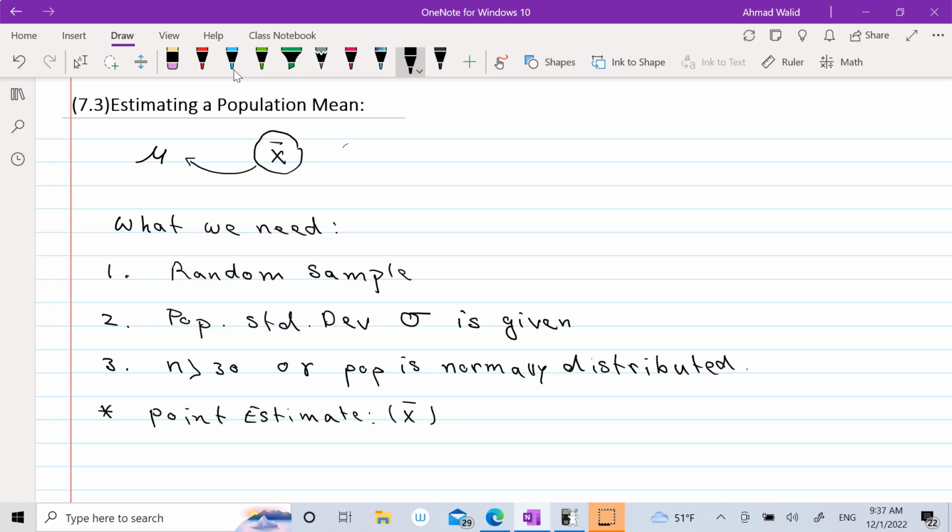Your x bar is the point estimate for your mu, correct? The sample mean is the point estimate for the population mean.